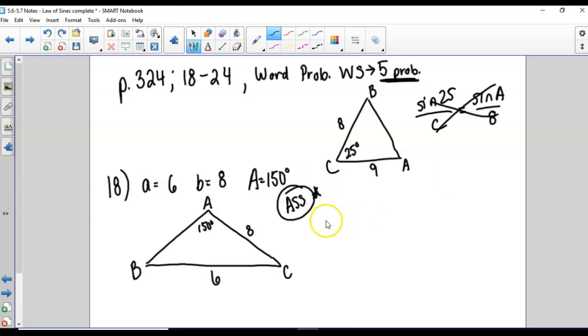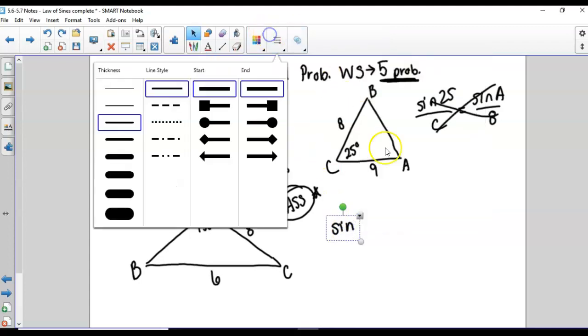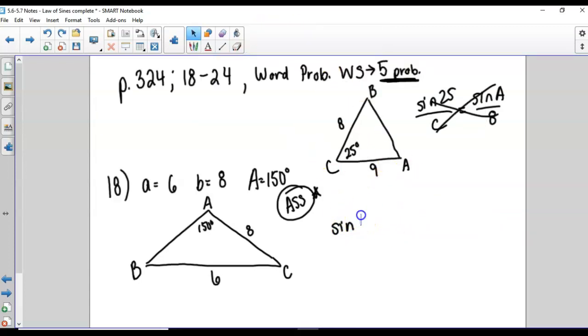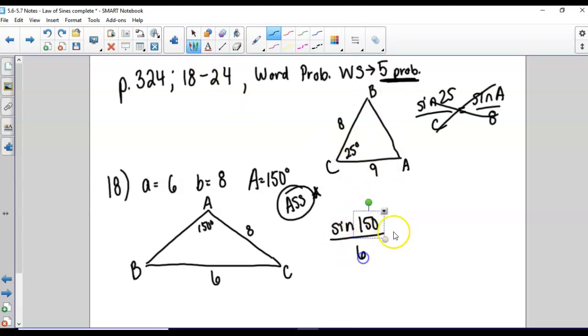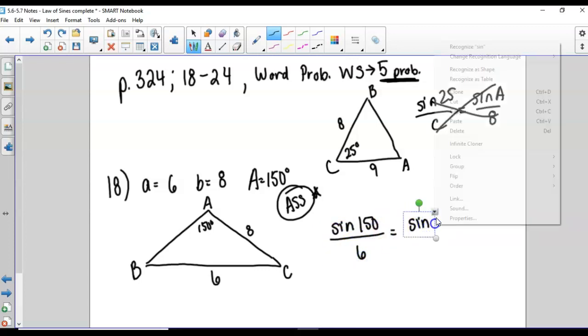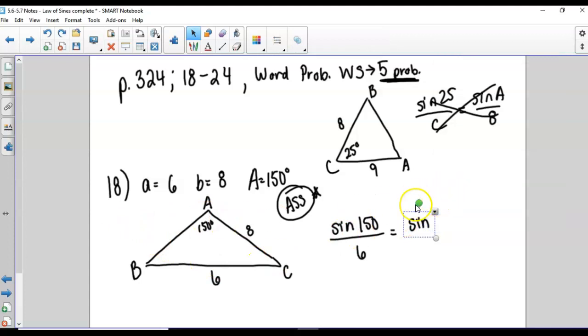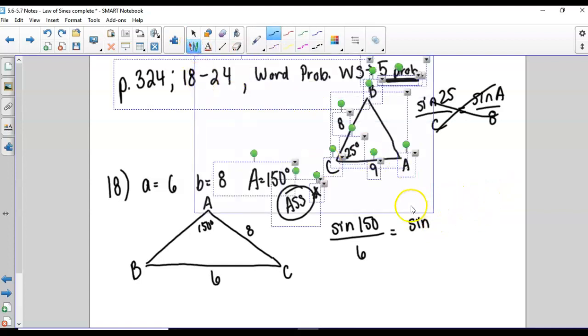So to solve this problem, I would do sine of 150 over 6. And then it's going to equal sine of B over 8.